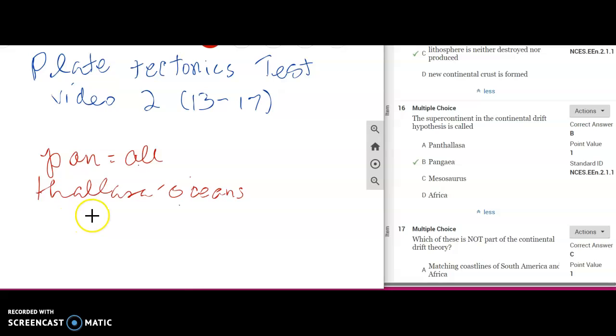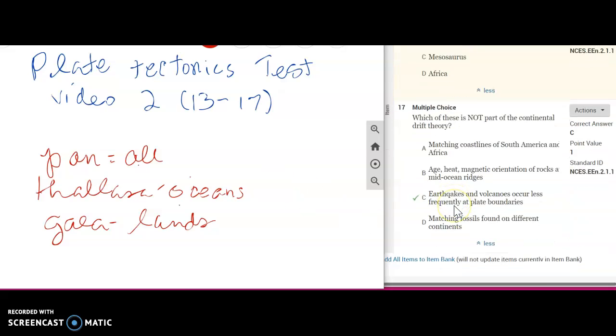And Pangea, this is like Gaia, goddess of the earth. This is all lands. So the huge landmass where all the land was put together in one mass was Pangea. All the oceans put together around that landmass was Panthalassa. But the correct answer for the question is Pangea. Straight up, just definition there.